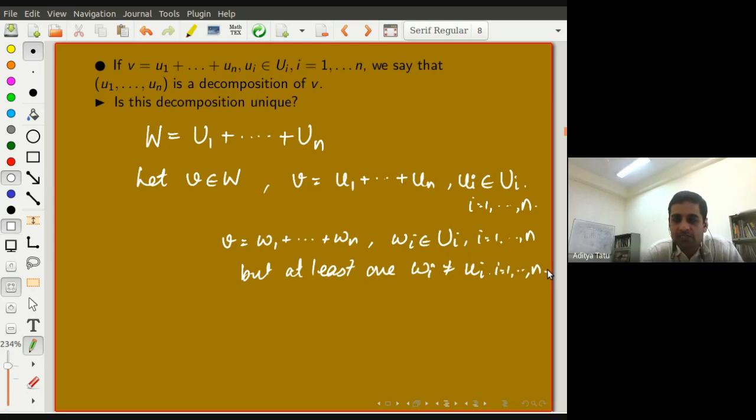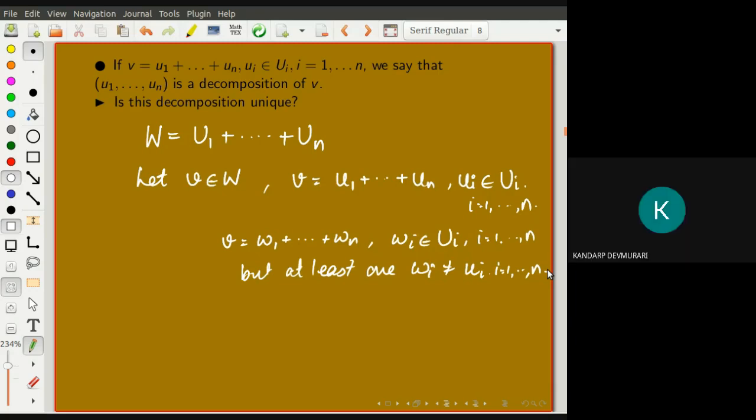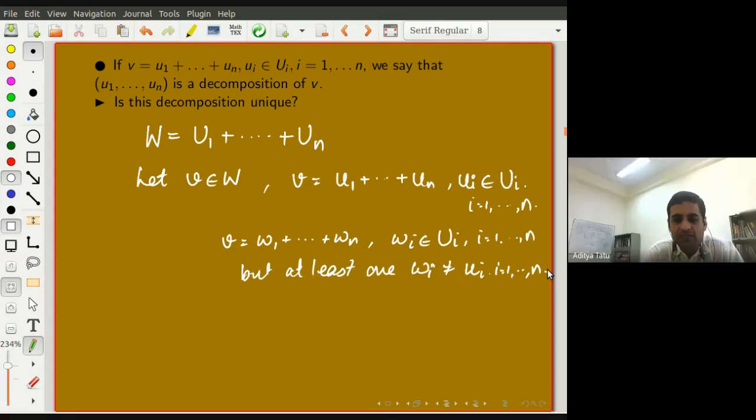Is the question clear to everyone? Yes, sir. So what do you think? Will this decomposition be unique? It will depend on the subspaces we are considering.